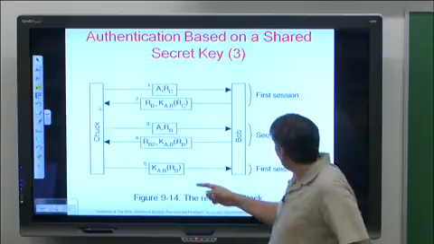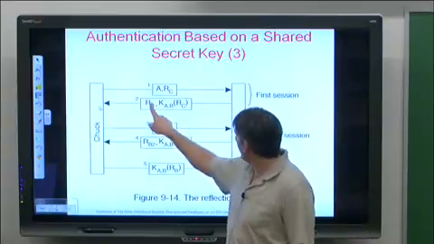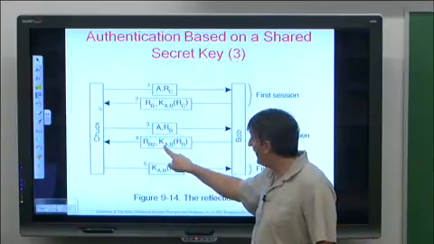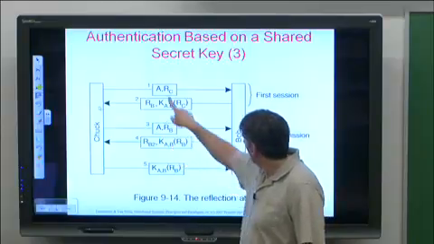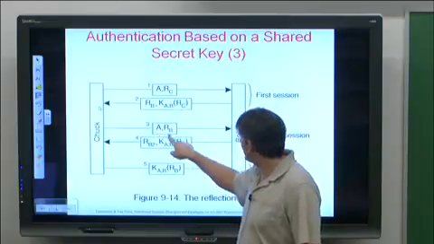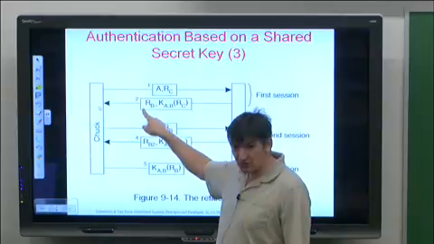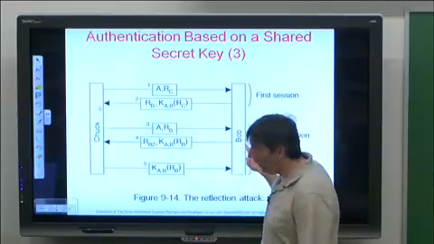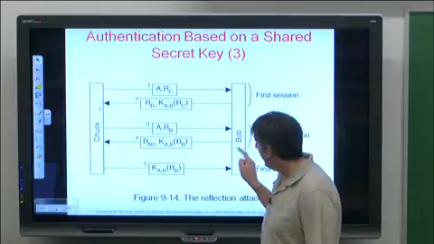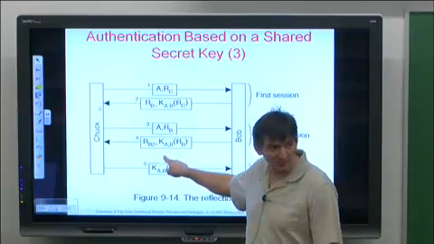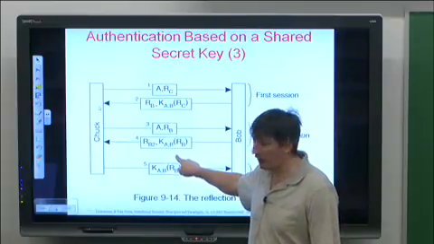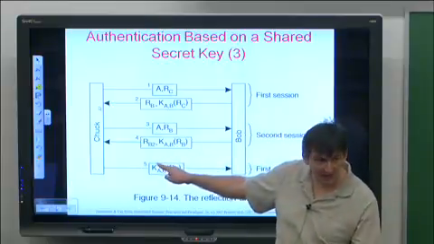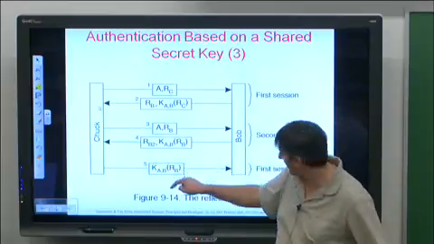The game he's going to play is, you see, he got the challenge here. The game he's playing is, he now sends, I'm Alice, but sends the challenge that this Bob sent himself, in the hope that Bob won't notice and will, in fact, send him the encrypted version of the challenge, which is what Alice was supposed to answer, right?